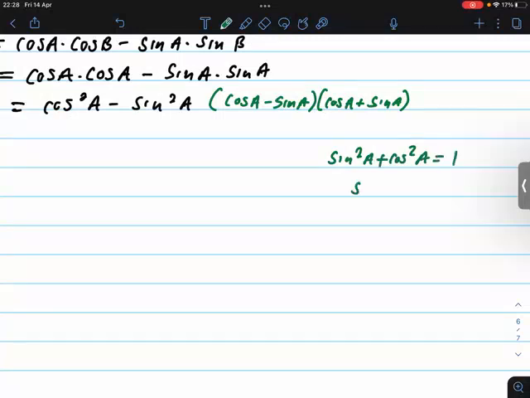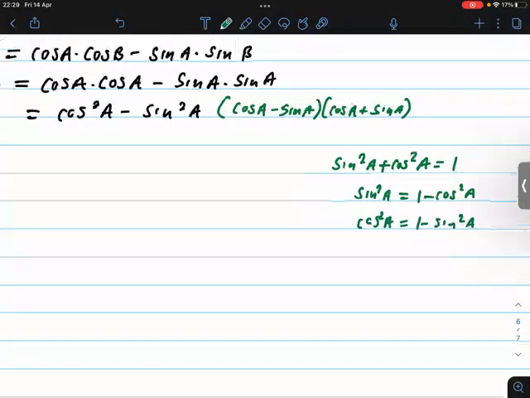So that means sine squared A is the same as 1 minus cos squared A. And cos squared A is equal to 1 minus sine squared A. Are you happy there? Yes, sir.